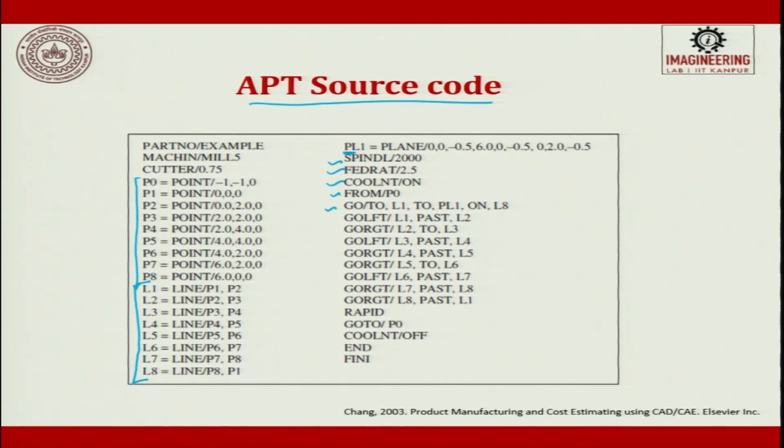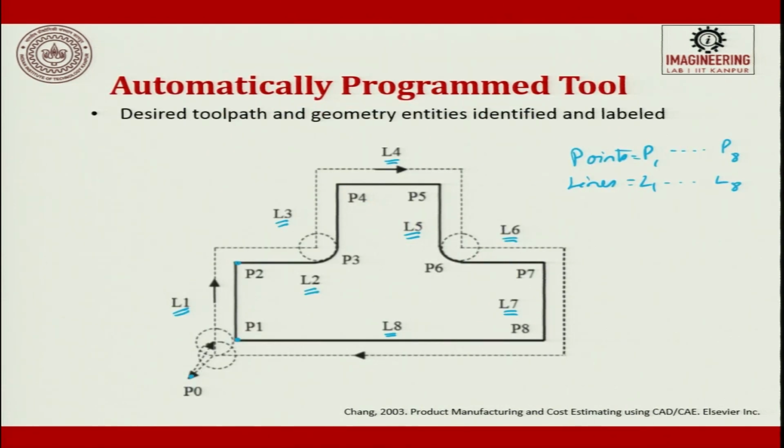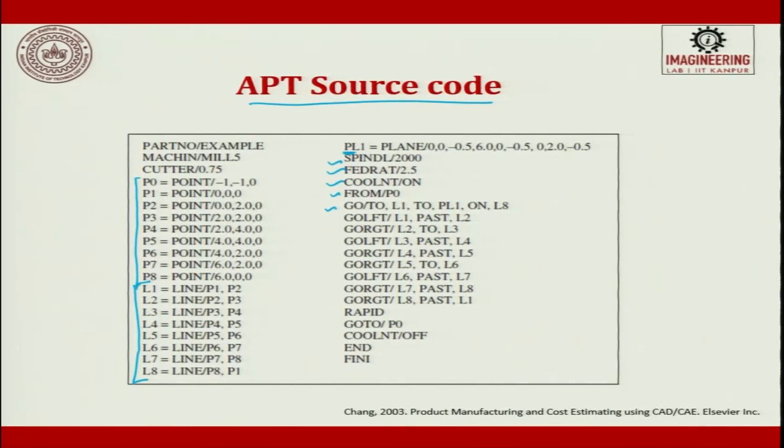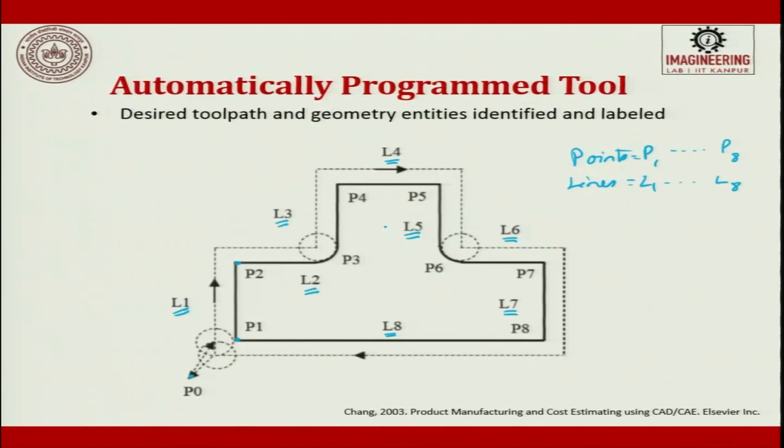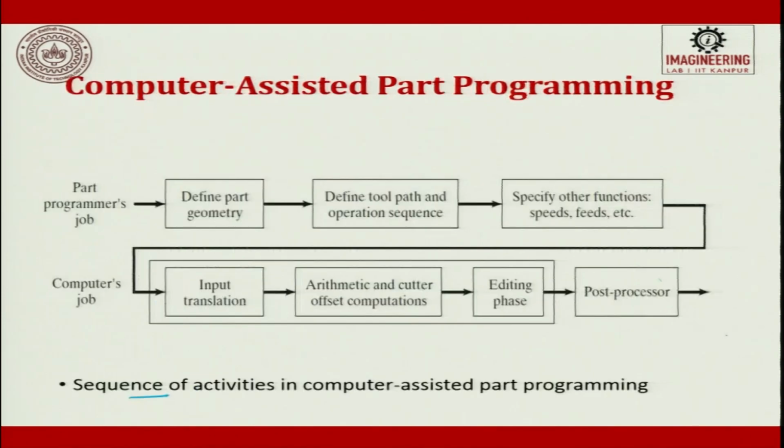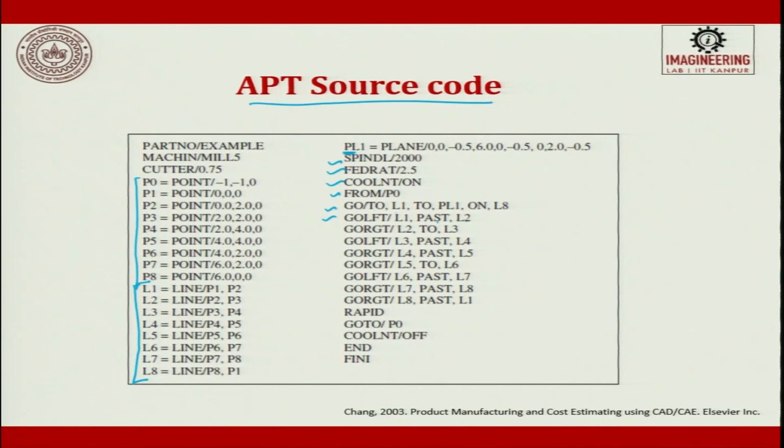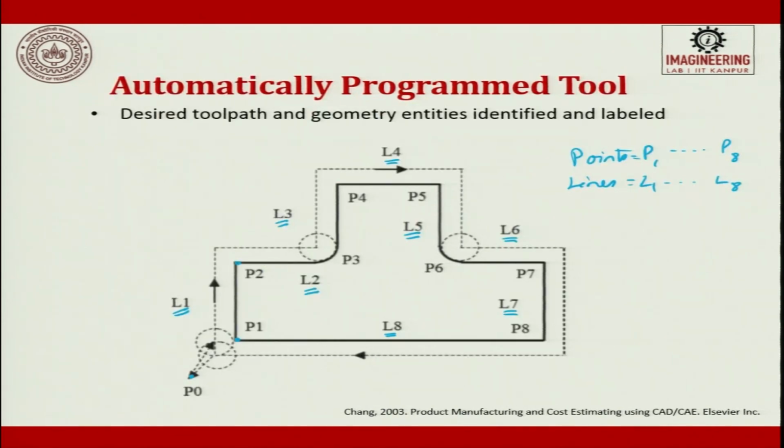So, this is meeting L8, so you have to go to this point. From L8 there is a point coming, from L1 there is a point coming, and then we say go to point number P1. Then you go left of L1 past L2. So, you are crossing L1, go left of L1, and then you say past L2, up to L2.